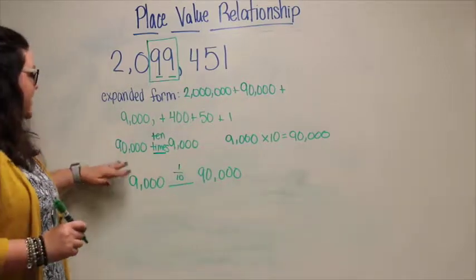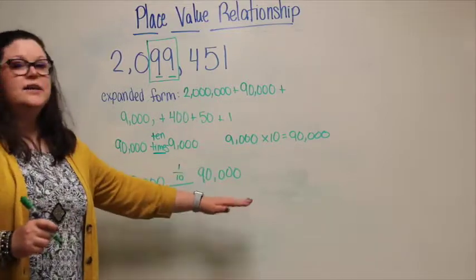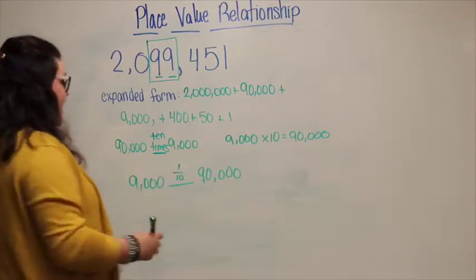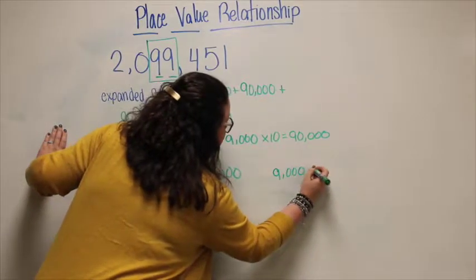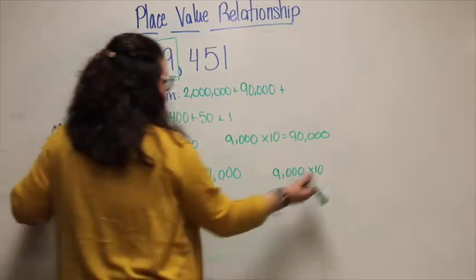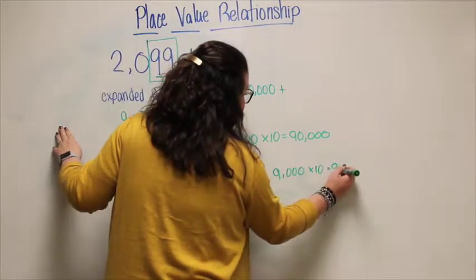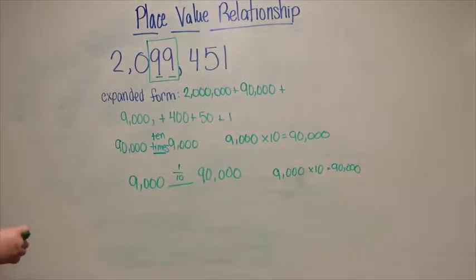That means 10 of these would equal 90,000. So I can check that by saying 9,000 times 10 equals 90,000. And that is correct.